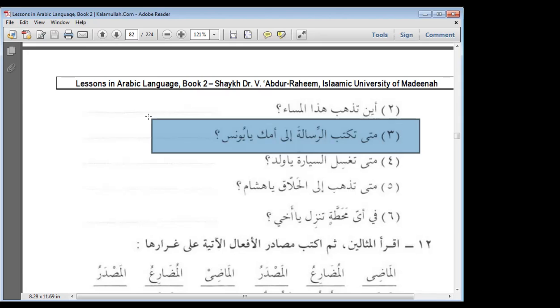Here it's speaking directly to someone, so you would say تكتب, right? After me, كتب يكتب. كتب يكتب. تكتب. يكتب. And ask, when will you write the letter to your mother, O Yusuf? The Yusuf will reply. Anybody want to try that?